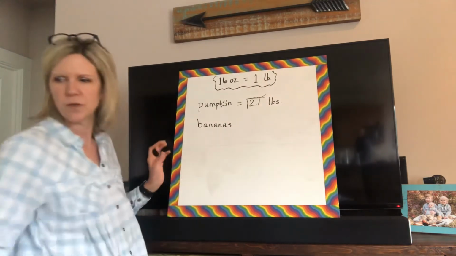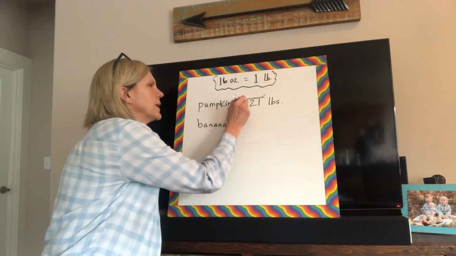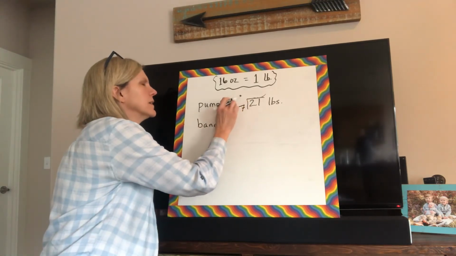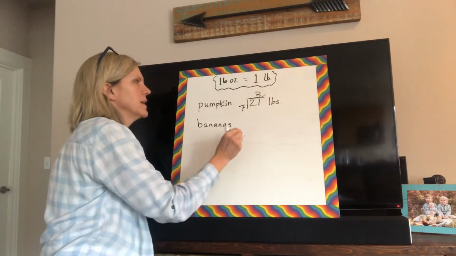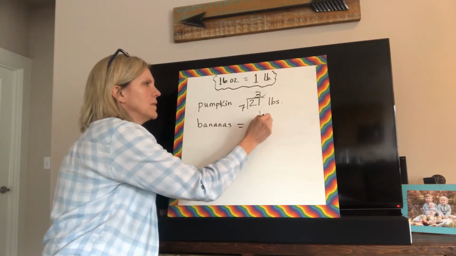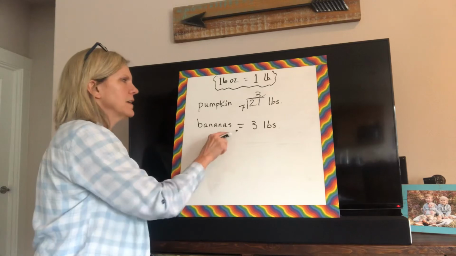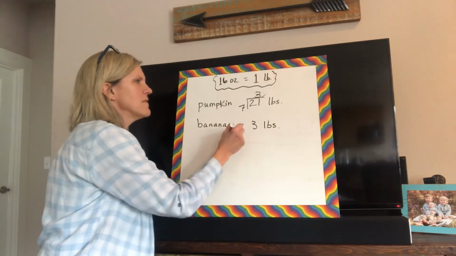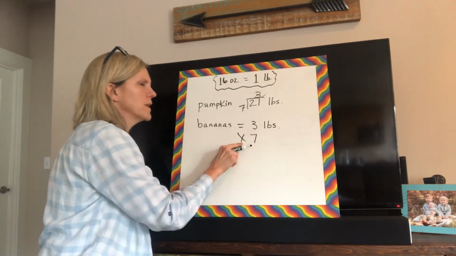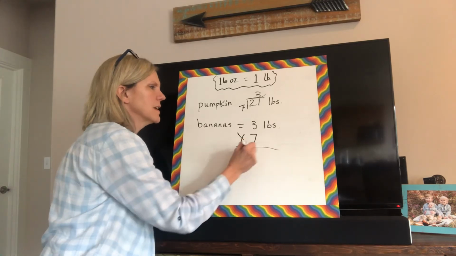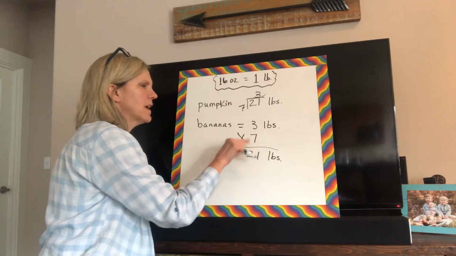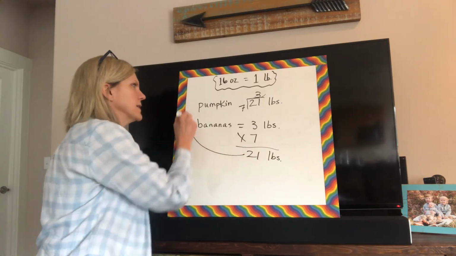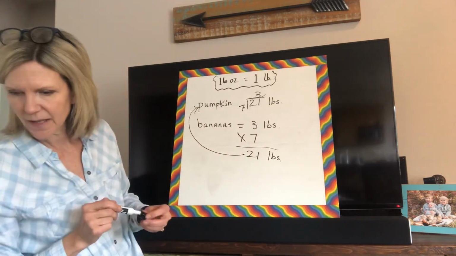Woo! 21 pounds divided by 7, okay? Because it's 7 times heavier. That would be 3. The bananas are 3 pounds. Now let's check it. If the pumpkin is 7 times heavier, we're going to times it by 7 to see. It would be 21 pounds. Yep. It's 7 times heavier than the bananas. So there you go. That's your answer.